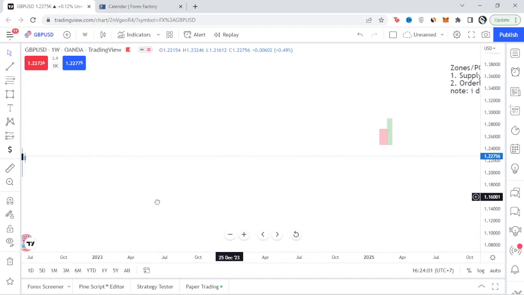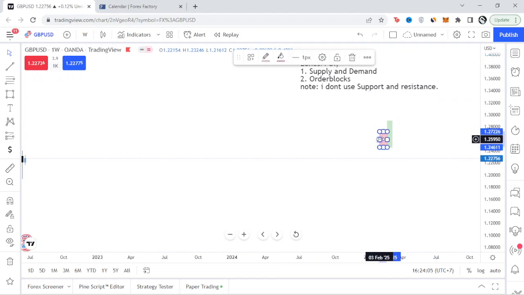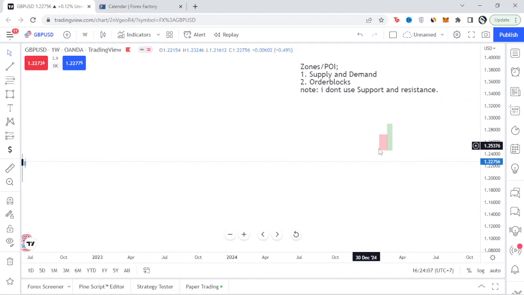Can you all see that? Okay, let me just move it here a bit. I'm trying to actually brighten the screen, but it turns out I can't.